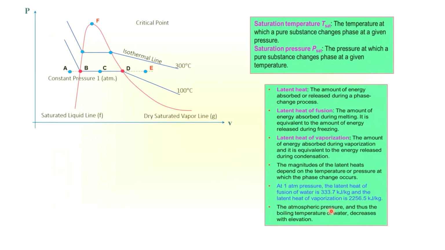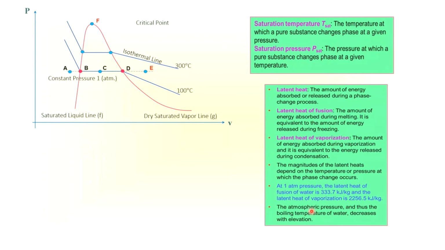The atmospheric pressure, and thus the boiling temperature of water, decreases with elevation. Decreases with elevation means that as you travel up a hill or a mountain, the higher you go, the lower the pressure will be, as well as the boiling temperature of water.